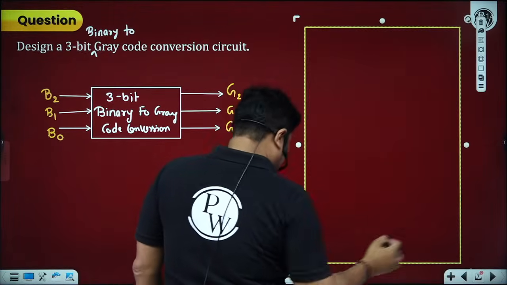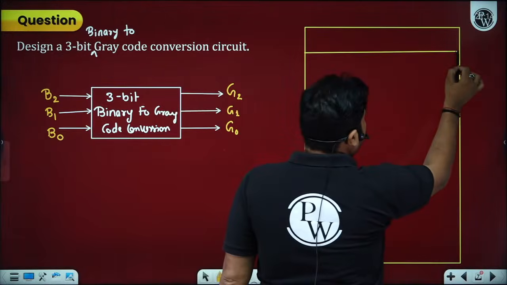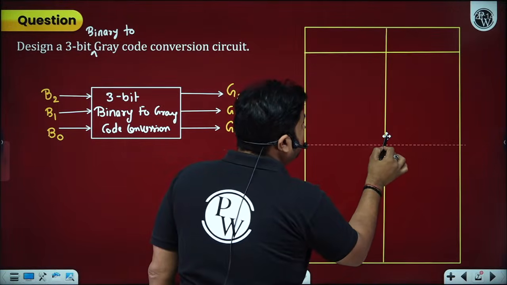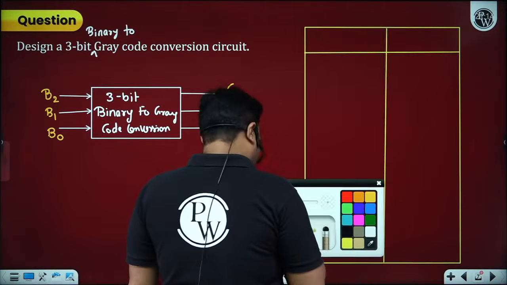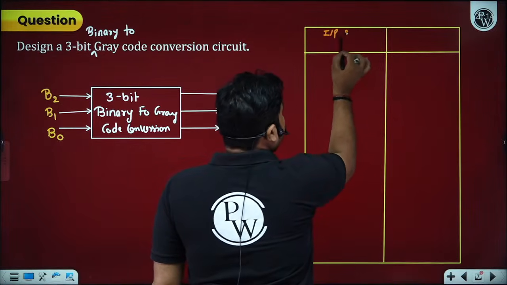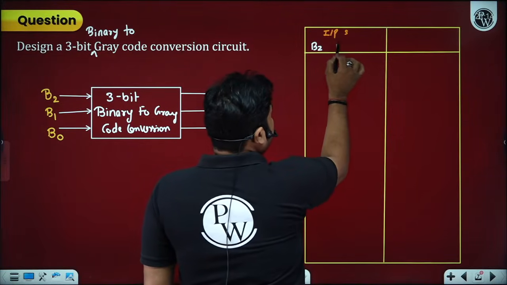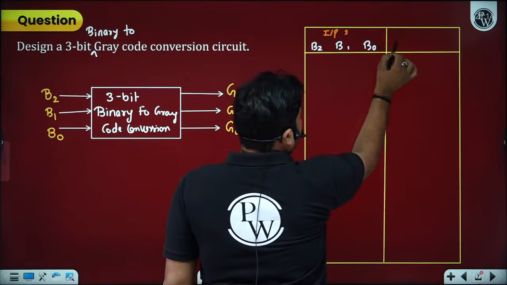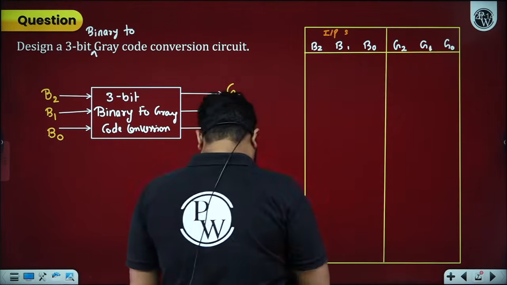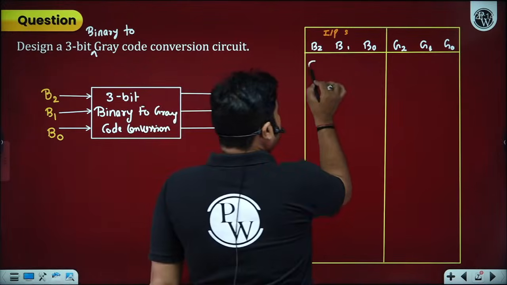Truth table contains all the possibilities of the inputs and their corresponding outputs as well. So the inputs are B2, B1, B0, and outputs are G2, G1, G0. How many possibilities with the 3 input bits? Total 8 possibilities.